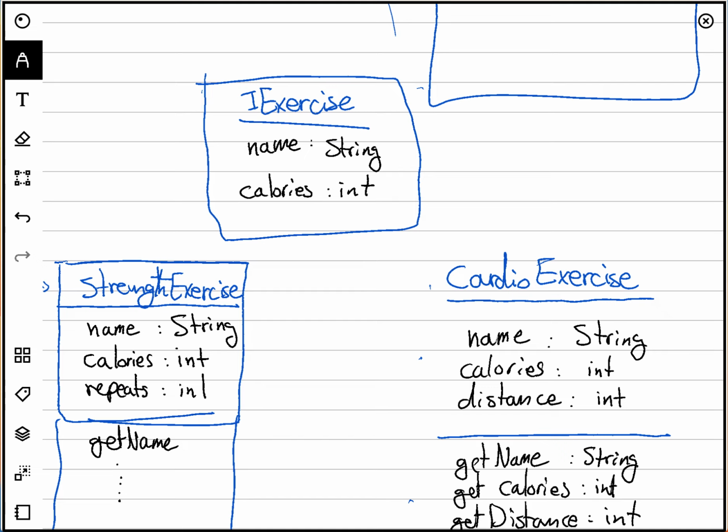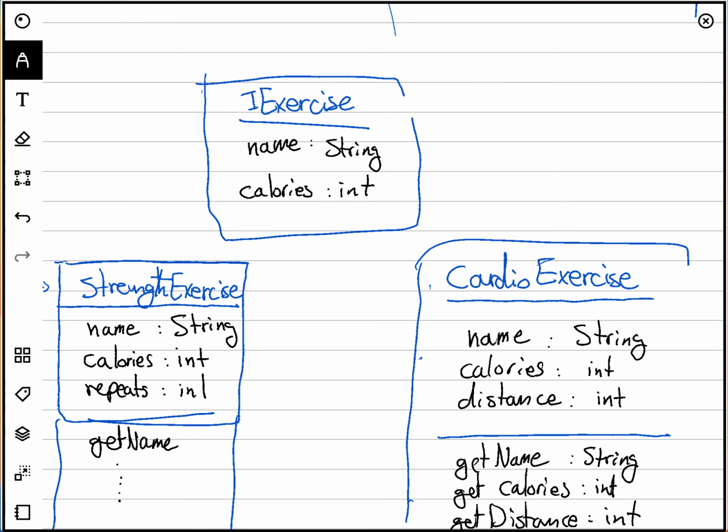All right, so yeah, let me just clean this up a little bit. Okay, and we can just essentially draw a box around the cardio exercise. So we now have a strength exercise and a cardio exercise. And essentially, cardio exercise and strength exercise both implement IExercise.